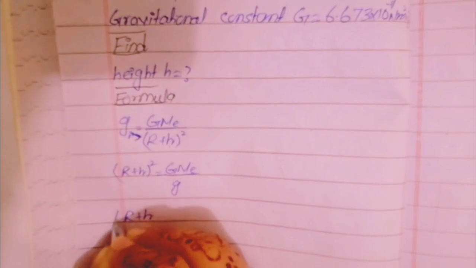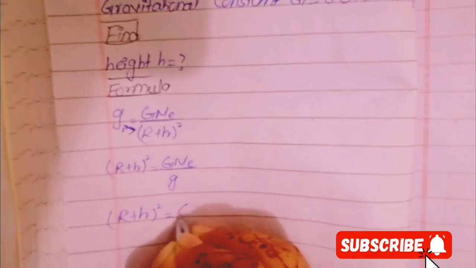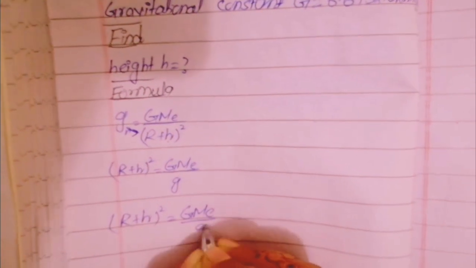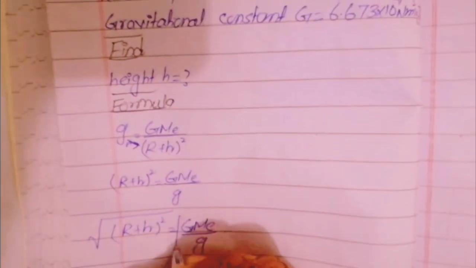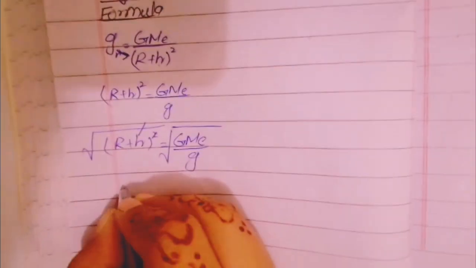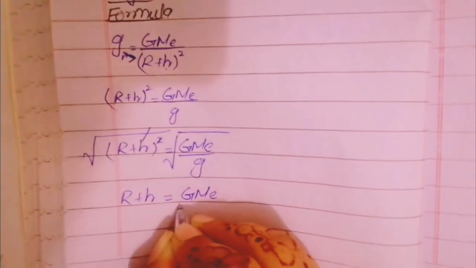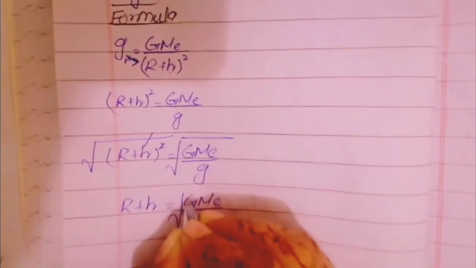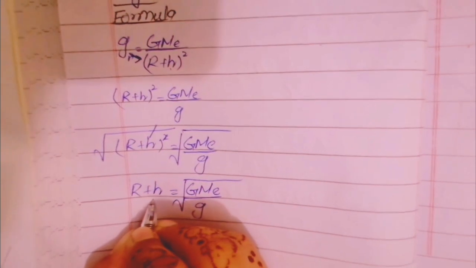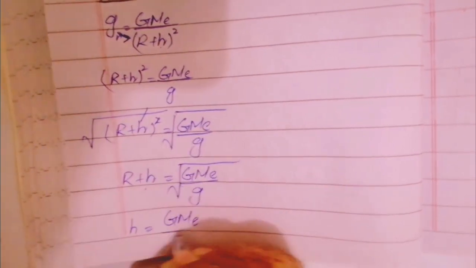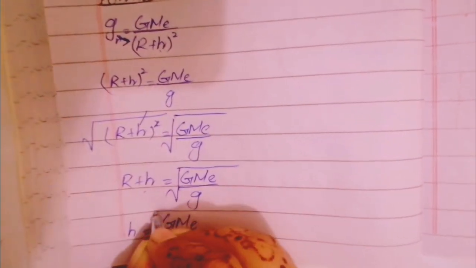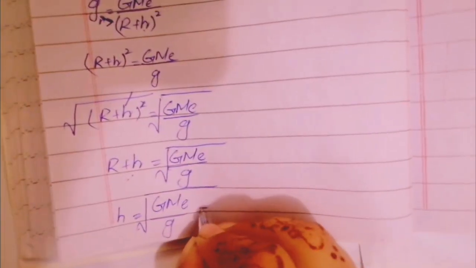The square cancels with the square root. The remaining value R plus H is equal to the square root of G M E over g. We have to find the value of height, so height is equal to the square root of G M E over g, minus R. R we will write on this side, so the plus value will be changed into minus.